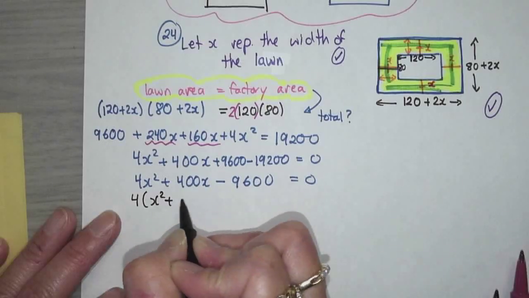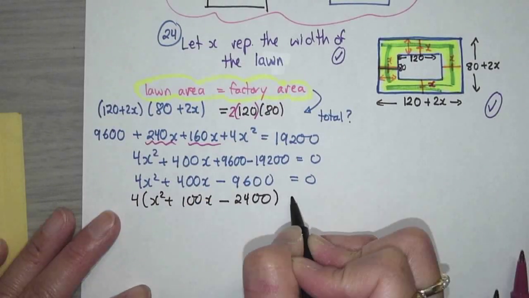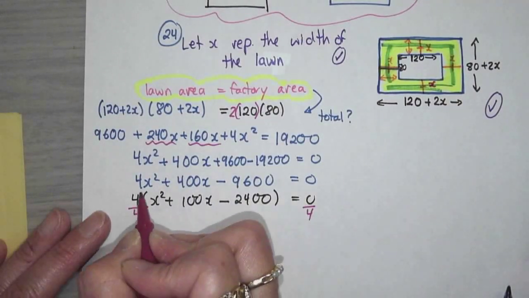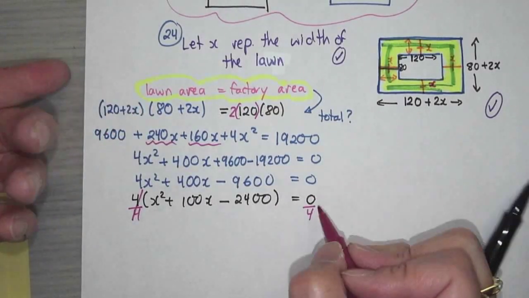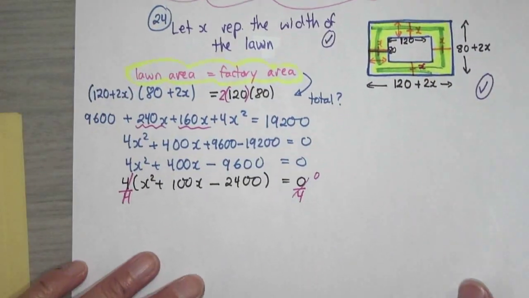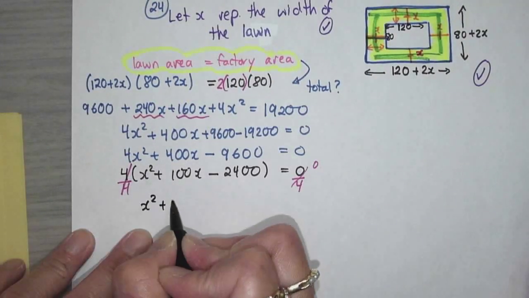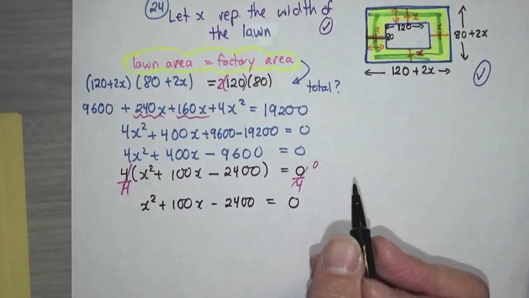So 4 comes out, so it's x squared plus 100x minus 2400 equals 0. Then, because it's a number, you're allowed to divide the number away. So it's gone, and it will still equal 0. So here we go: x squared plus 100x minus 2400 equals 0.